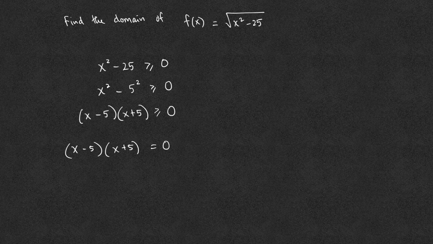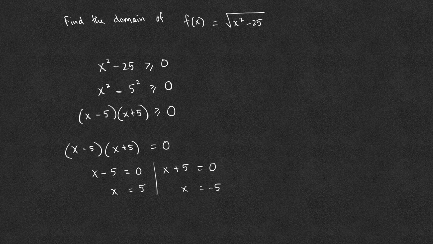Now, this product is 0 only if each of the factors is 0 itself. This is because of the zero product property. This product is 0 when either x equals 5 or x equals negative 5.